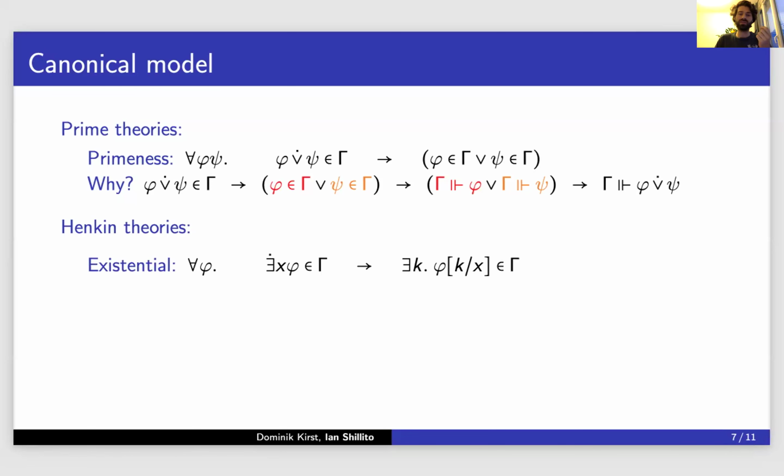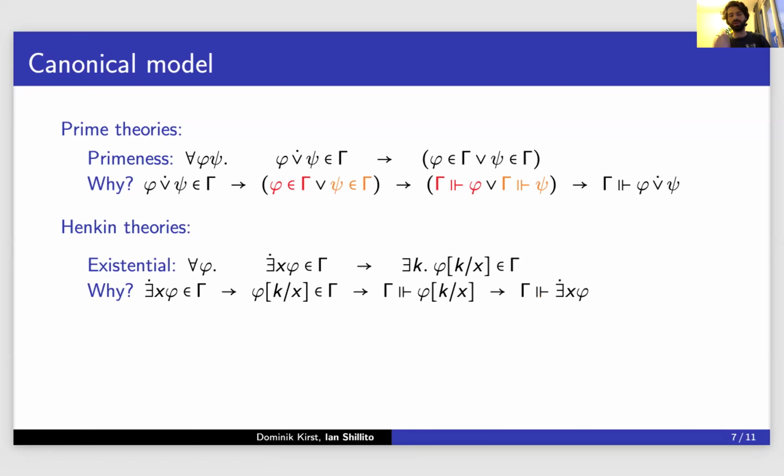So if you have that exists x phi is in gamma, then there must be a k such that phi of k is in gamma. So why is that again? Because of the truth lemma. If an existential is in gamma, then we know that there is a witness for it in gamma. By induction hypothesis, we get that gamma forces this phi of k, which semantically implies that gamma forces the existential formula.